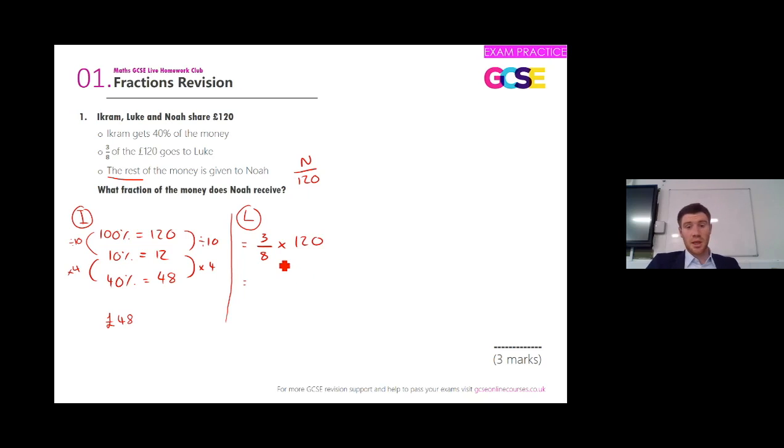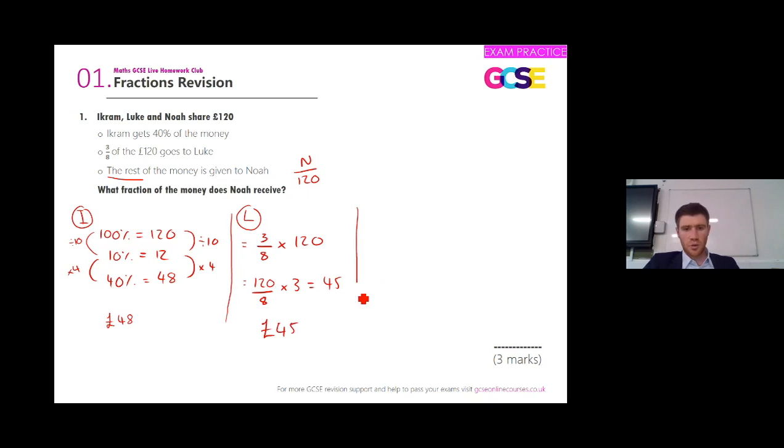So that's quite easy. 120 divided by 8 is 15, because 120 divided by 4 is 30, and an eighth is half of that again. So 1/8 is 15. 15 times 3 is 45. So Luke gets £45. No problem there.